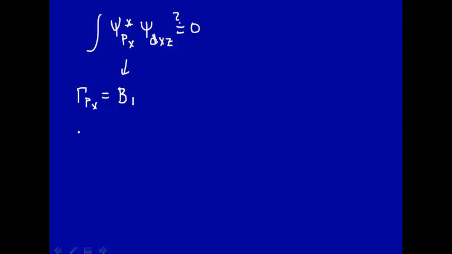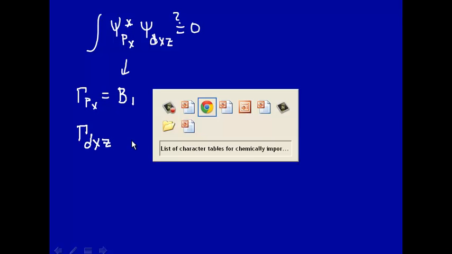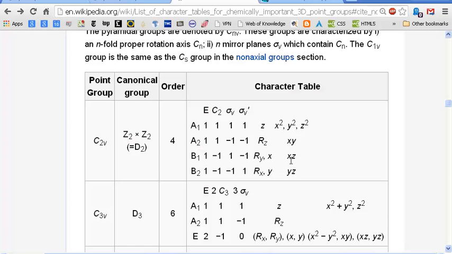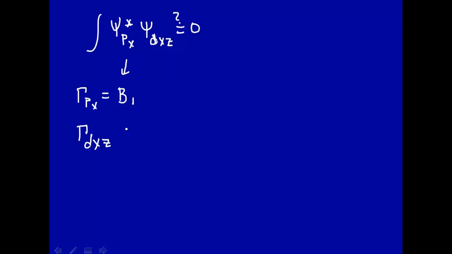How about the irreducible representation for dxz? So this is the d orbital lying in the xz plane. So the irreducible representation of the d orbital lying in the xz plane will be the same as the xz plane. Oh look, xz plane has b1 irreducible representation.